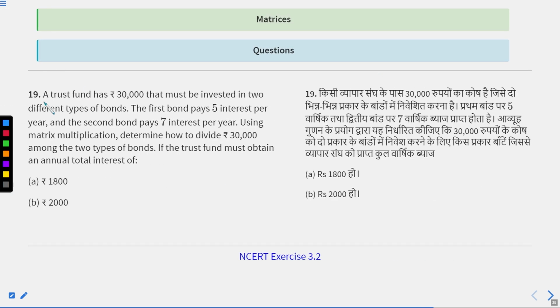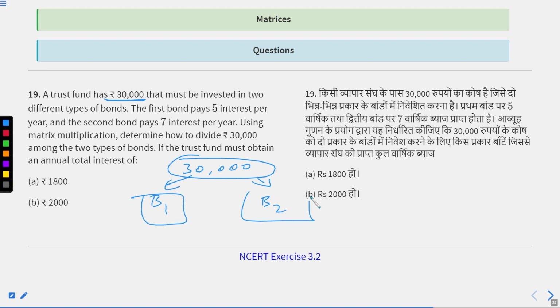So a trust fund has 30,000 rupees that must be invested into two different types of bonds, say bond 1 and bond 2. This 30,000 rupees must be divided into the two bonds.